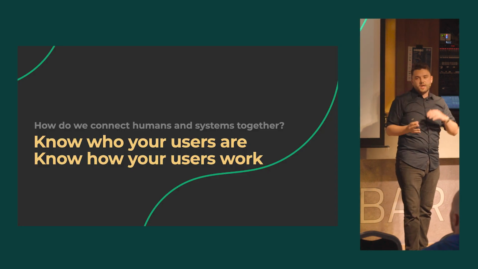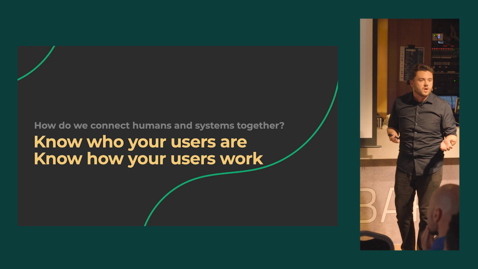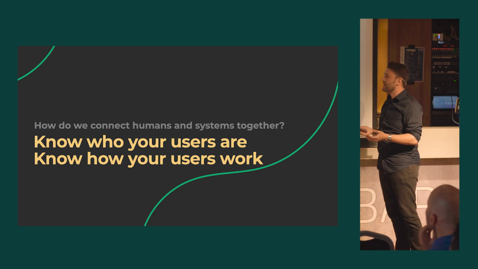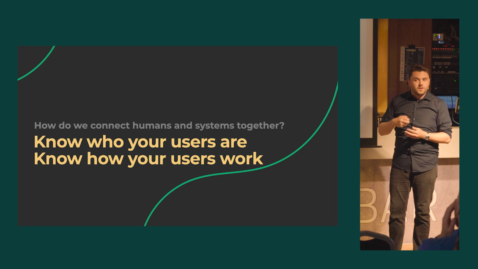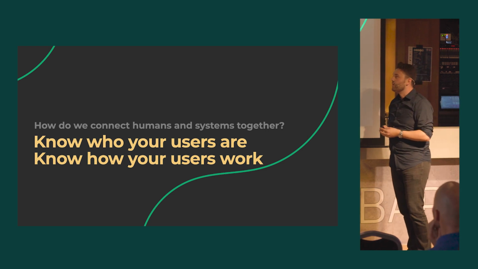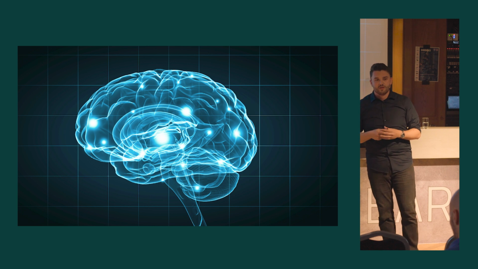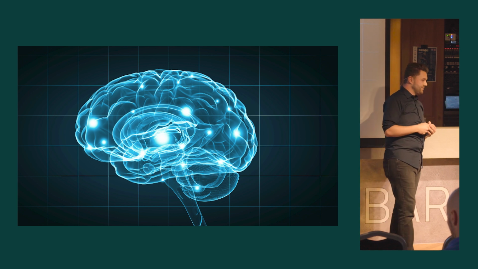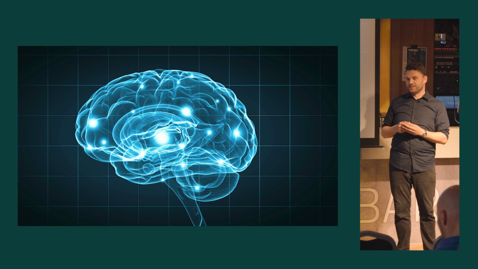So that's a general idea of how you know who your users are and how they can inform us to make better design decisions. But an equally important part is how our users work, because most of the time our users are humans. We humans have brains. Brains are really complex systems.